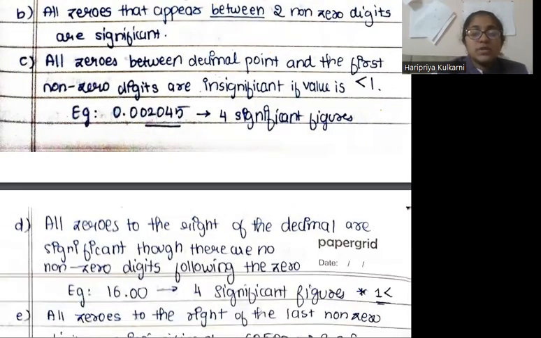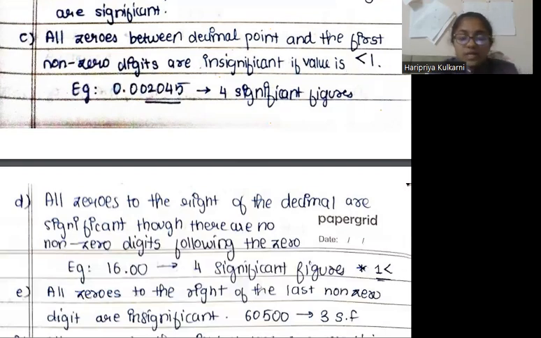All zeros between the decimal point and the first non-zero digit are insignificant if the value is lesser than 1. Here we have 0.002045. The value is of course lesser than 1, so the first condition is true. The second condition is that it should be between the decimal point and the first non-zero digit.